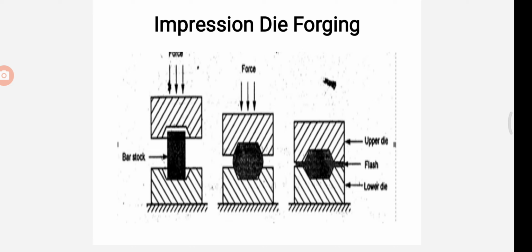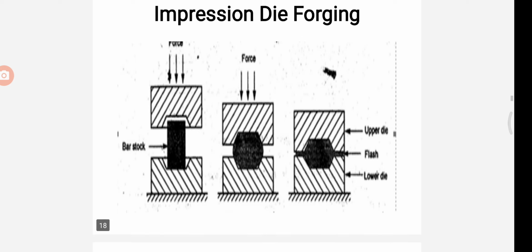This process can produce more complex shapes with closer tolerance than the open die forging process. Most engineering metals and alloys, such as carbon and alloy steel, tool steel, stainless steel, aluminum and copper alloys, and certain titanium alloys, can be forged by a conventional impression die in this process.